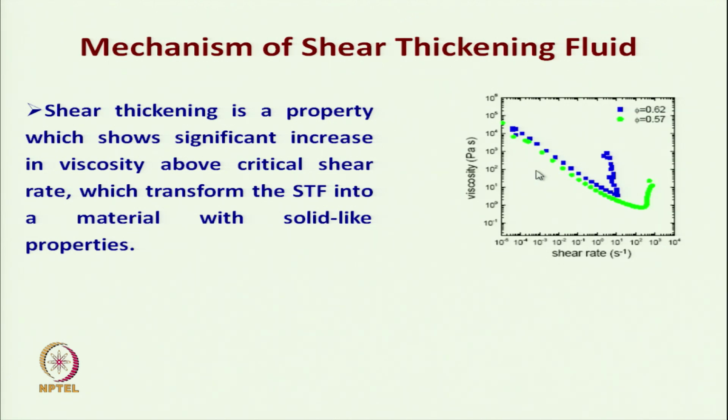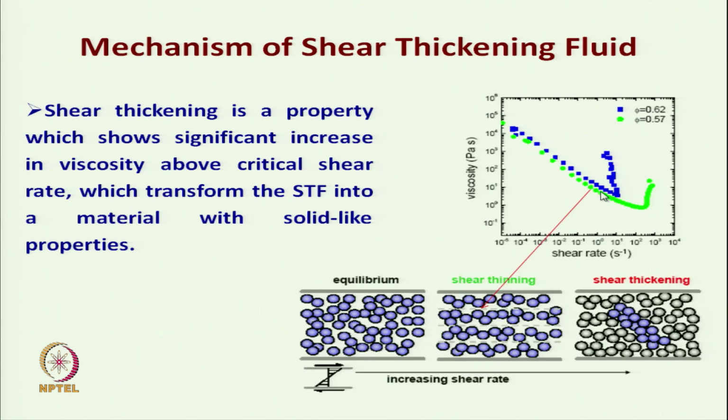Initially, with increasing shear rate, the viscosity reduces, but after a certain critical level the viscosity increases. Here the particles act as a solid, so the shear viscosity increases immediately.